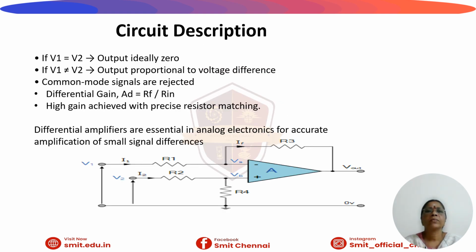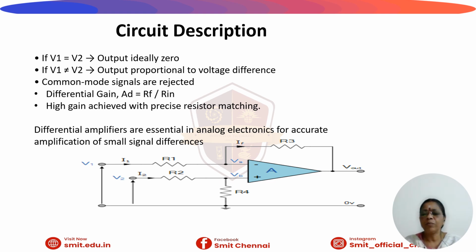The circuit of the differential amplifier uses four resistors R1, R2, R3 and R4 to set the gain and balance of the inputs.